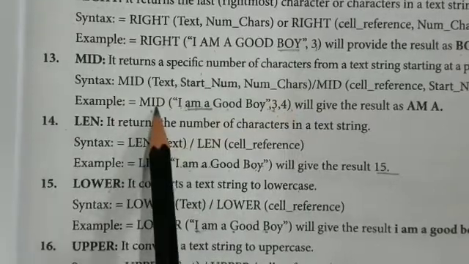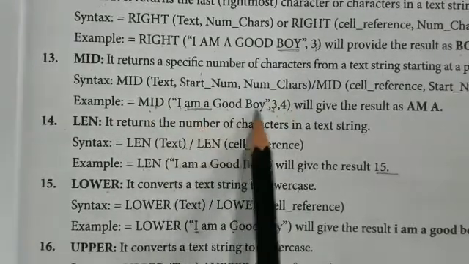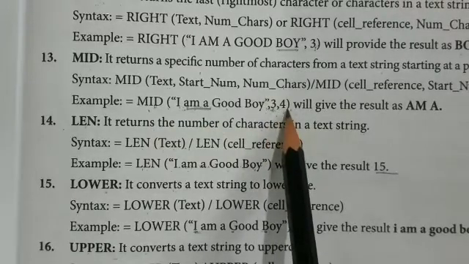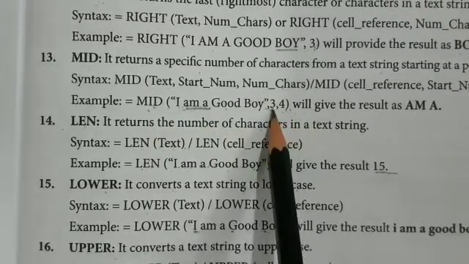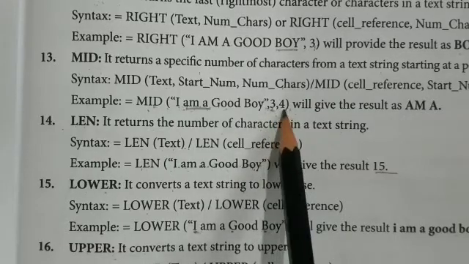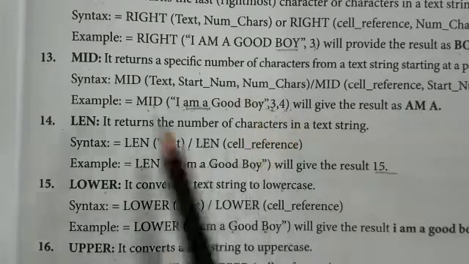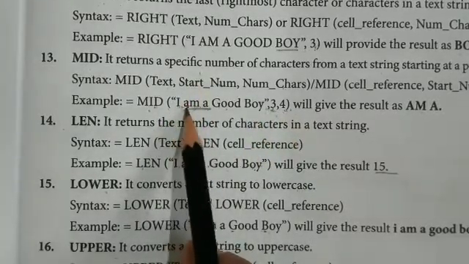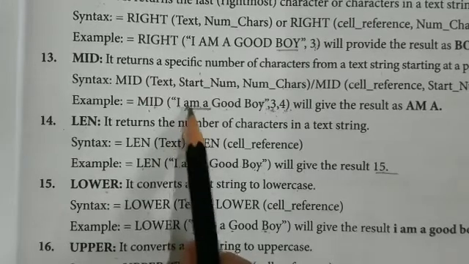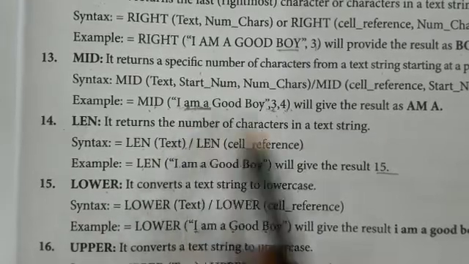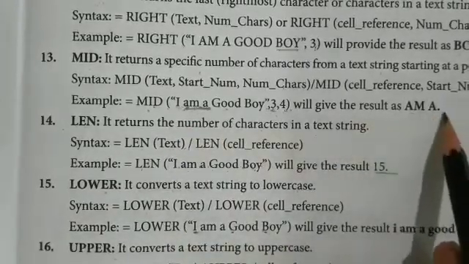Let's see, equals MID, the string "I am a good boy", then 3, 4. So the starting position is 3, means it will start from the third position and it will return 4 characters. The first is I, second is the space, third is the A. So it will start from the A, M and return 4, counting the space also, then this A. So it will return A, M, space, A.